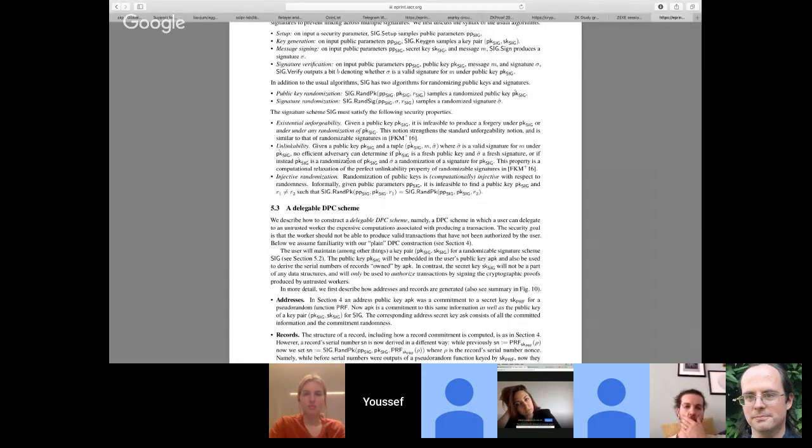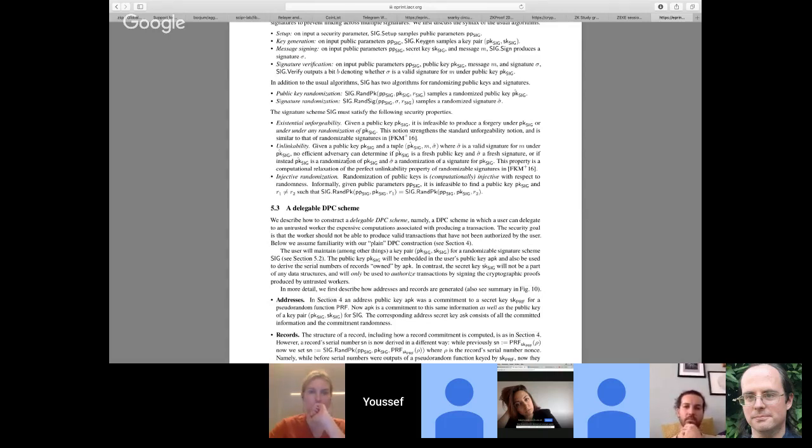This is what we call unlinkability. Given a public key and the derived public key, you cannot link them back. And existential unforgeability, a strong notion of unforgeability. Unforgeability is required in all signature schemes, where you cannot forge a signature under some public key, but now you cannot forge the signature under the public key or any randomized, derived public key.